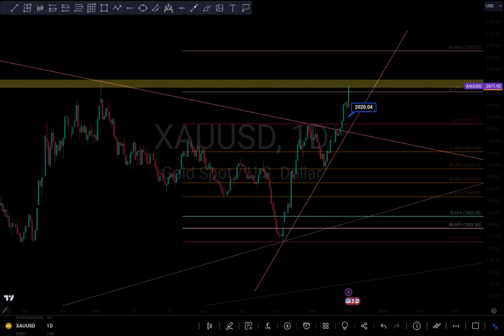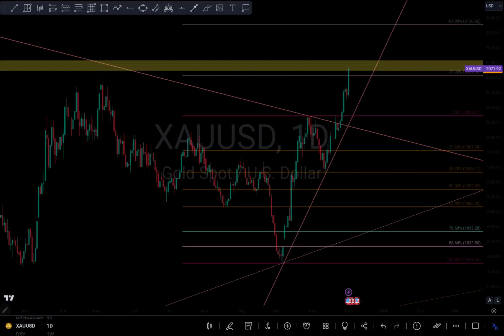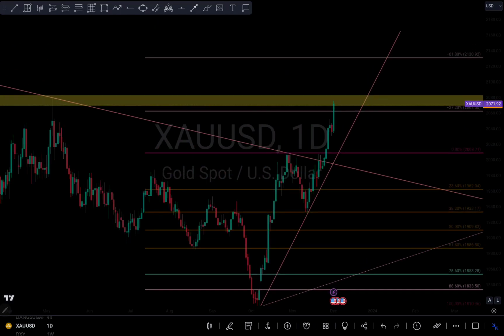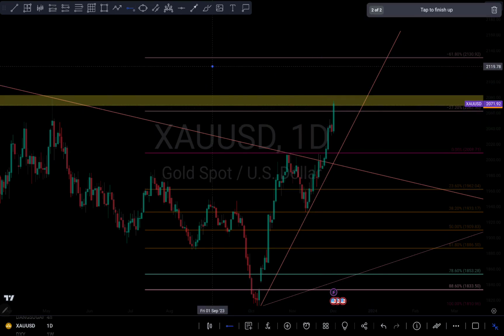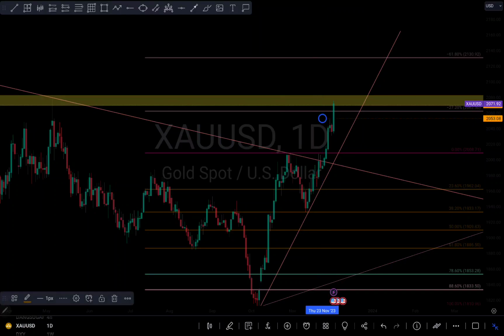So let's delete this one as well. Because right now we are currently around my negative 27% fib level, and we are also around a previous high zone, I see a possibility of it at least pushing down a little bit before we now know our next move.